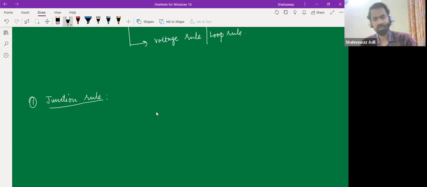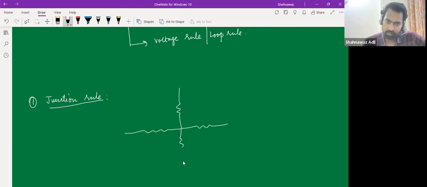So this junction rule says that, let's say we have this point. So this is a junction, right? Where all the resistances are connected. Let's say from here this one current is passing, from here this one current is going out, and then this is I3, and then this is I4, right?